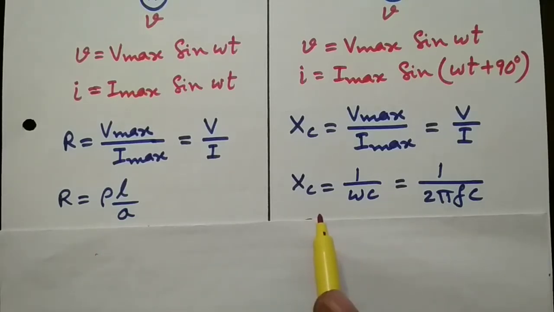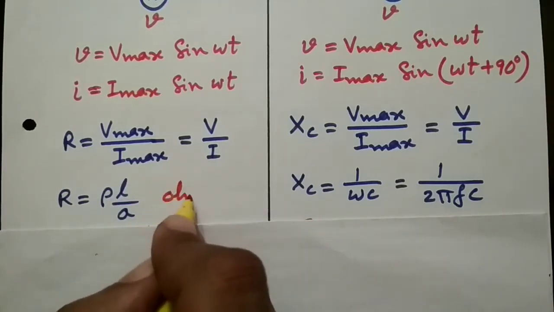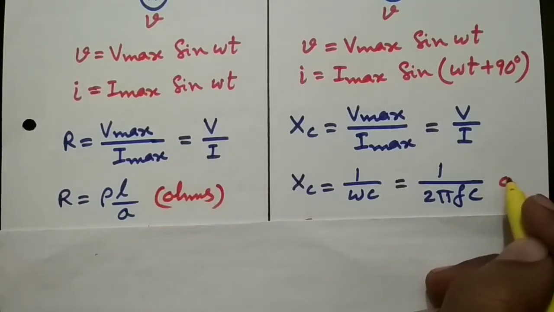The capacitive reactance is represented by the relation Xc equals 1 upon omega C, or Xc equals 1 upon 2 pi F C, where F is the frequency in Hertz and C is the capacitance in Farad, so Xc will be in ohms. The unit of resistance is ohms, and similarly the unit of Xc is also ohms.